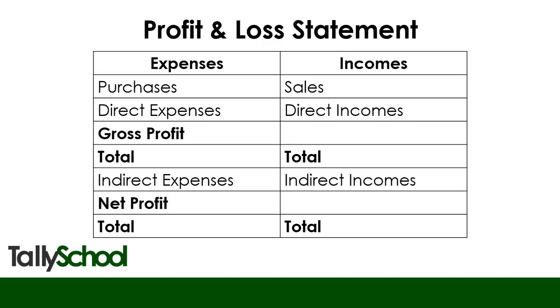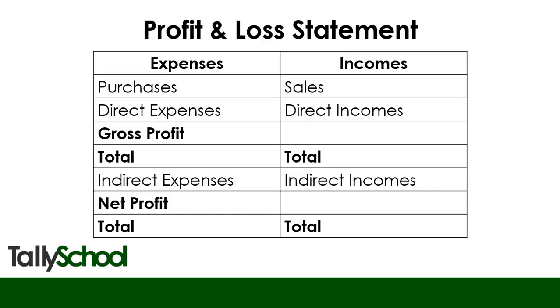Basically, what we get from a business, we add on one side, and what we pay to run the business, we add on the other side, and then we deduct what we expended from what we get, and we arrive at a figure which can be a profit or a loss. And that's why it is called profit and loss statement.